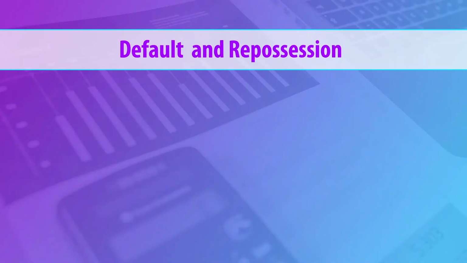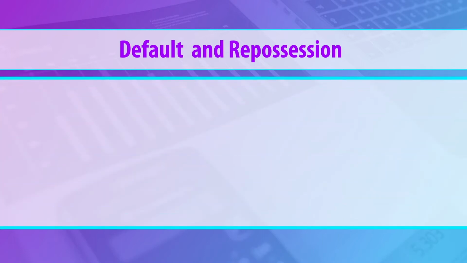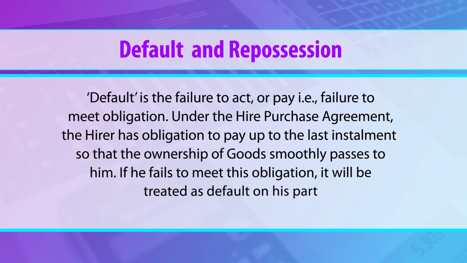First one is default and repossession. So, what do we actually mean by default and repossession? Default is the failure to act or pay, that is, failure to meet the obligation.